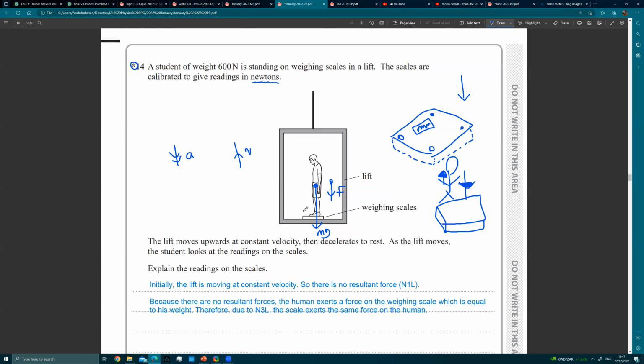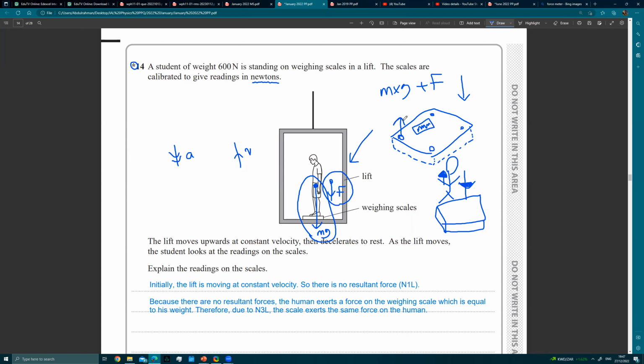Right. Well, now the total force acting on the lift is his mg and F. So if you just said the force acting on the scale is just mg, how are you going to explain that once it decelerates, there's also plus F over here?